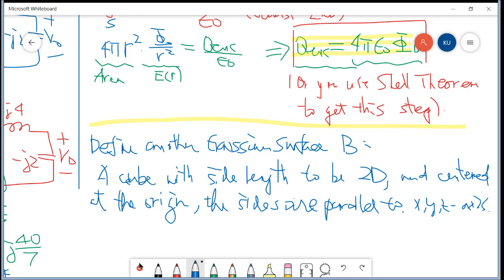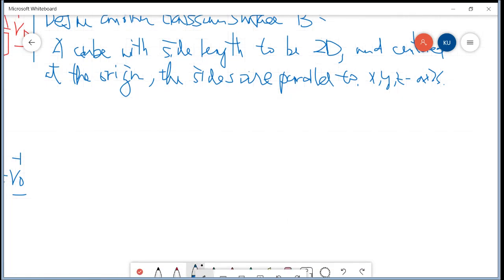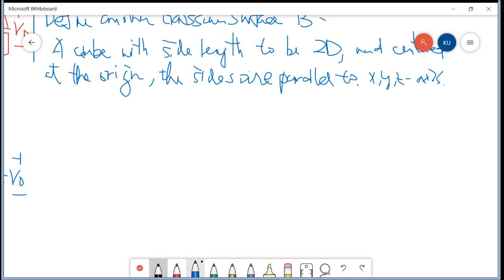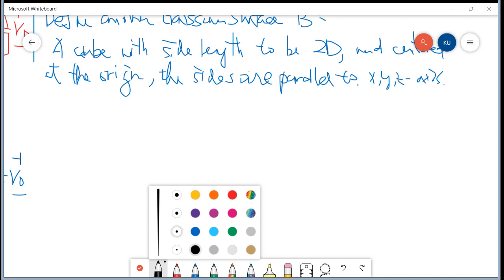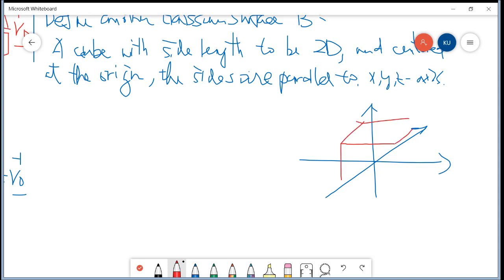If we draw this out, it would be something like a cube where every side is 2d, with the center at the origin.